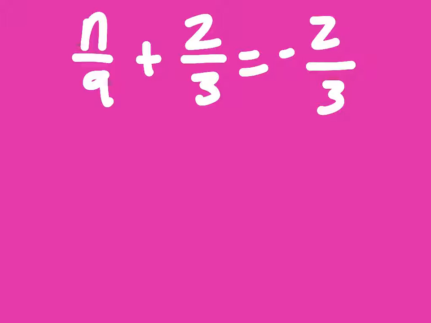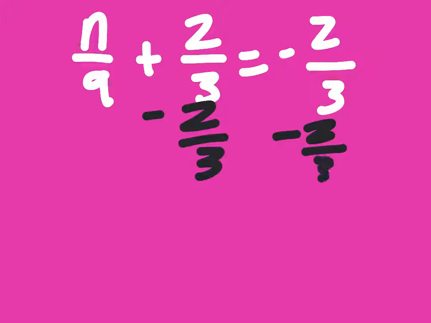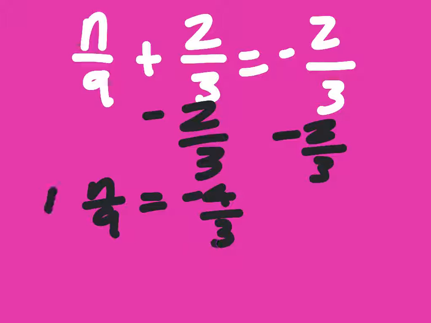So we're going to subtract, because that's doing the opposite, 2 over 3, subtract 2 over 3 over here. N over 9 equals negative 4 over 3. Now we multiply by 9. Multiply by 9.